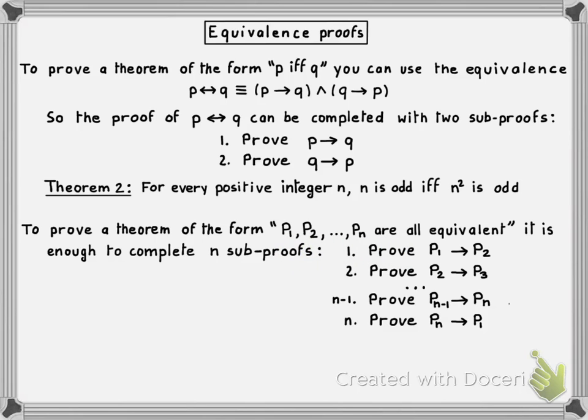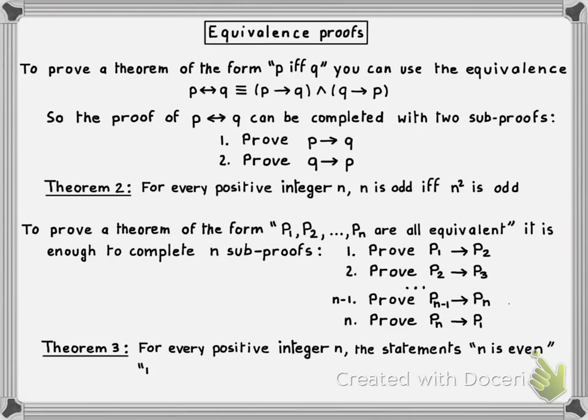So to illustrate this proof technique, I will let you work on the proof of this theorem on your own. It says, for every positive integer n, the following statements are equivalent, namely n is even, n minus 1 is odd, and n squared is even.